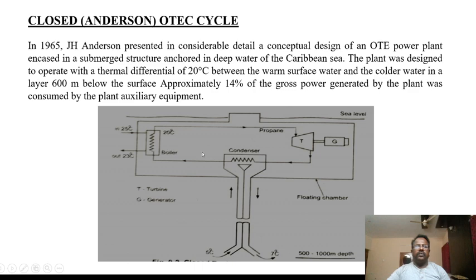This is how we can extract useful energy from the surface of the ocean to finally generate electricity. Here we need not have any fuel as a source for generating the saturated vapor, and the available surface temperature is enough for converting the working fluid to saturation level, and this process is continuous.